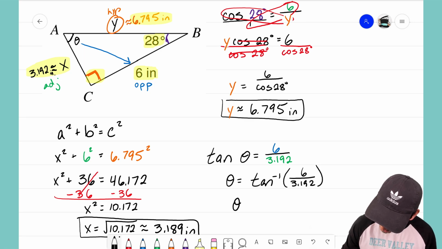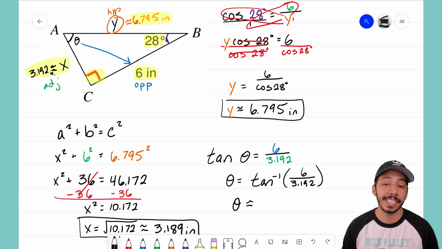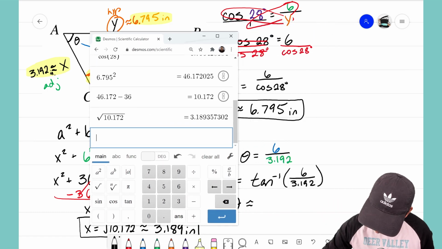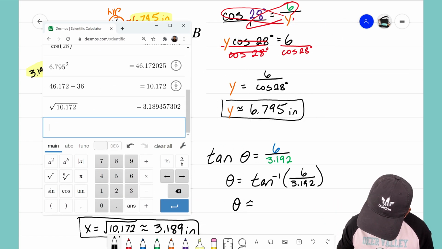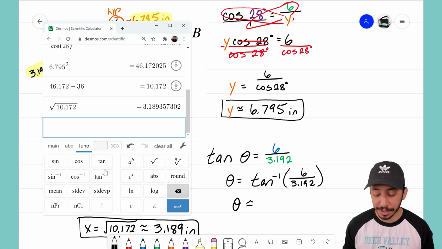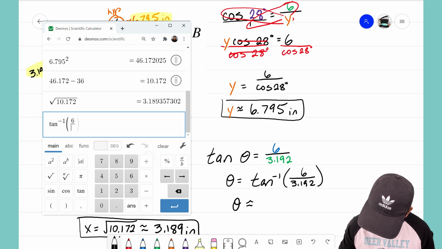Again, we're going to use our calculator. We're going to break that out, and we're going to see exactly what theta is approximately equal to. So let me go ahead and open the calculator up. To get to the inverse tangent button, we will click here for inverse tangent. I'm going to type in my fraction, 6 divided by 3.192.